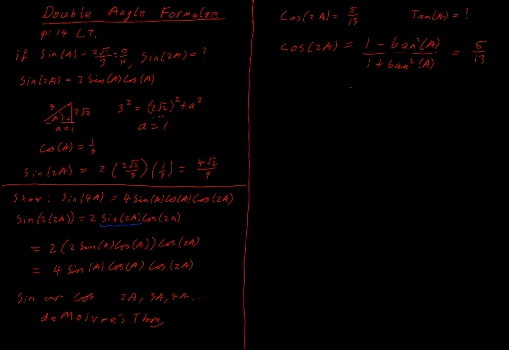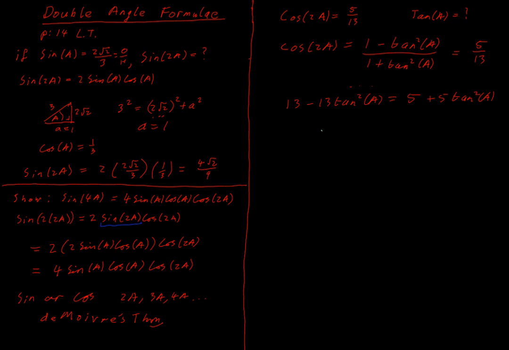Rearranging this formula, as I say, this is really just solving a quadratic. When you rearrange the formula, you are going to end up with 13 minus 13 tan squared a is equal to 5 plus 5 tan squared a.